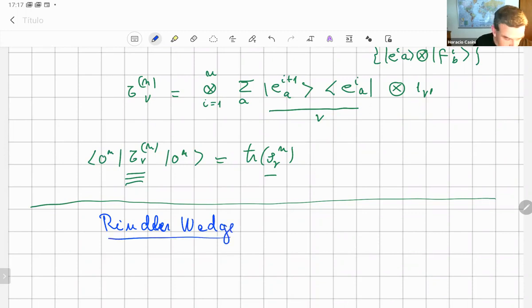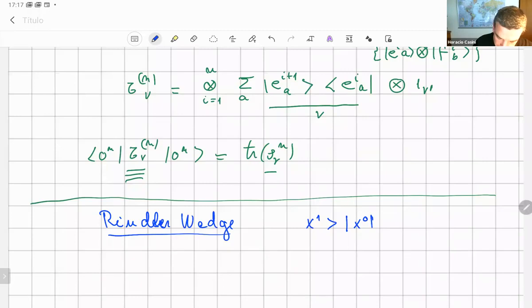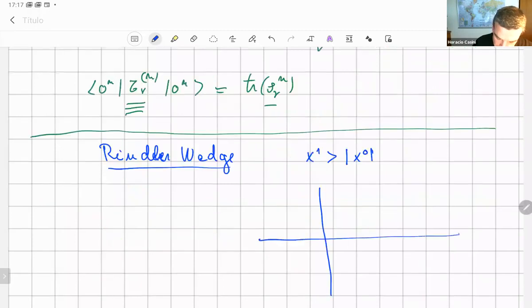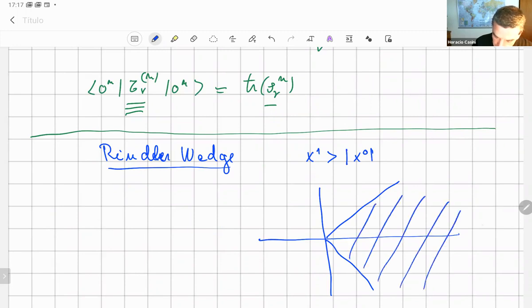This is just the region of Minkowski space given by x1 greater than the absolute value of x0. So we have this wedge here, that corresponds at t equal to 0 to this half plane.